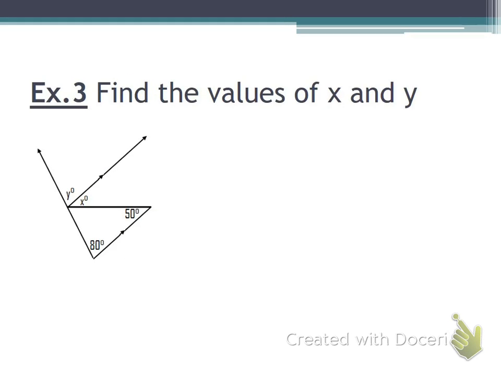All right, on this one, they want us to find the values of both x and y. It might be helpful to only look at parts of the diagram at a time.